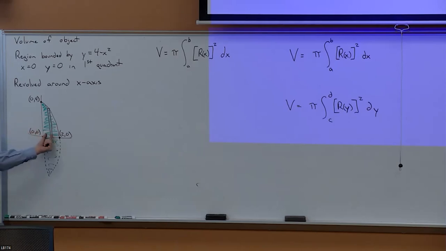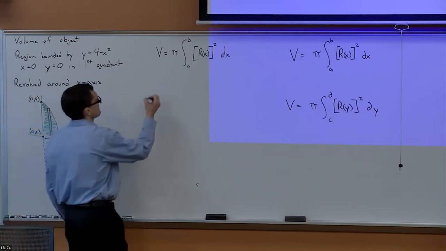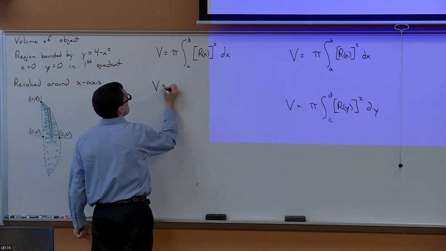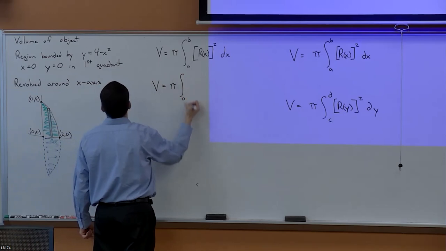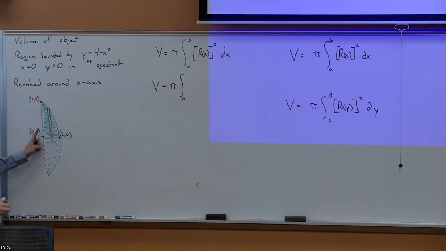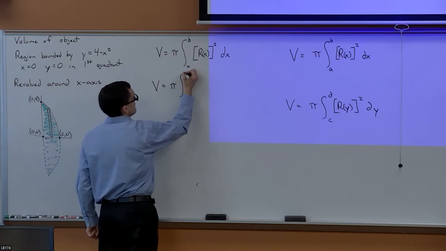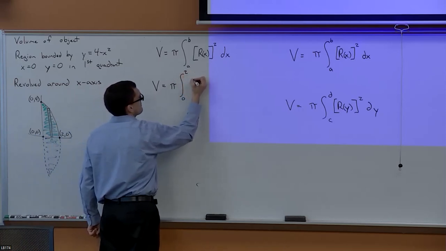And also the widths of the rectangles I draw are all change in x's, right? Little change in x's. Pi is just the number pi. My x values on this region go from 0 to 2. Do you see that? So that's pretty straightforward. 0 to 2 are my bounds.